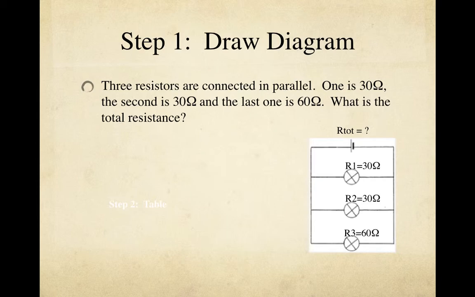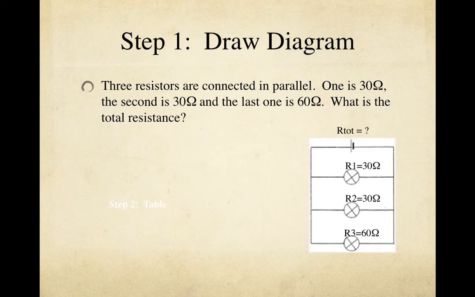Notice that I've put the numbers in the diagram, so I know looking at the diagram by itself that R1 is 30, R2 is 30, and R3 is 60. And finally, I make sure that I put down what I'm looking for, because you don't want to answer the question that you want to answer. You want to answer the question I want you to answer. And this keeps it in the forefront of your mind.